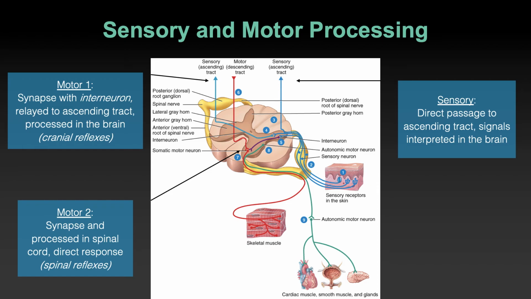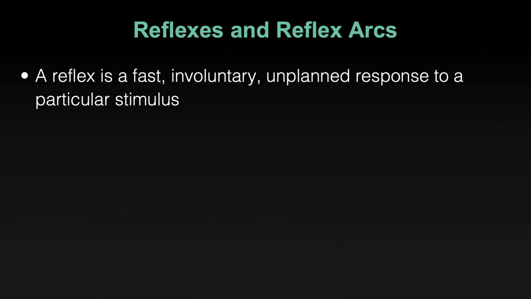All of these are forms of reflexes. So let's introduce the concept of reflexes, and then we'll end for today. I'm not kidding this time. So reflexes and reflex arcs. A reflex is a fast, generally involuntary response to a stimulus. It could be to stand up after sitting on a thumbtack.